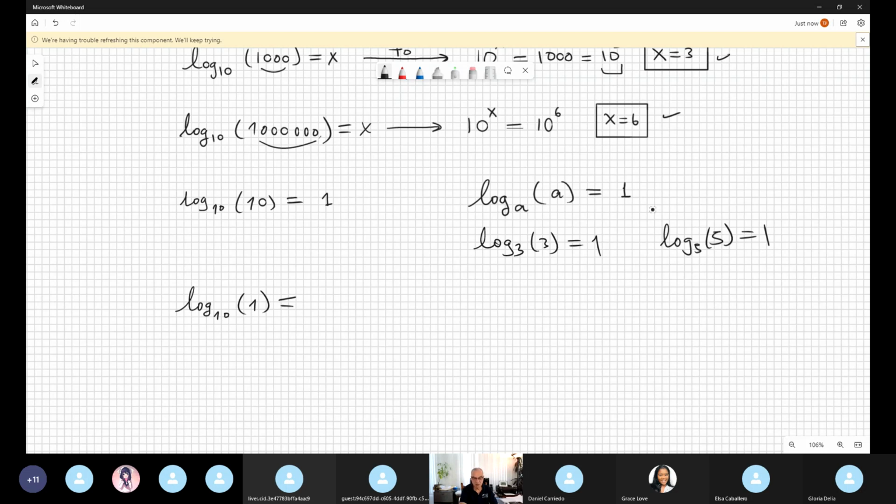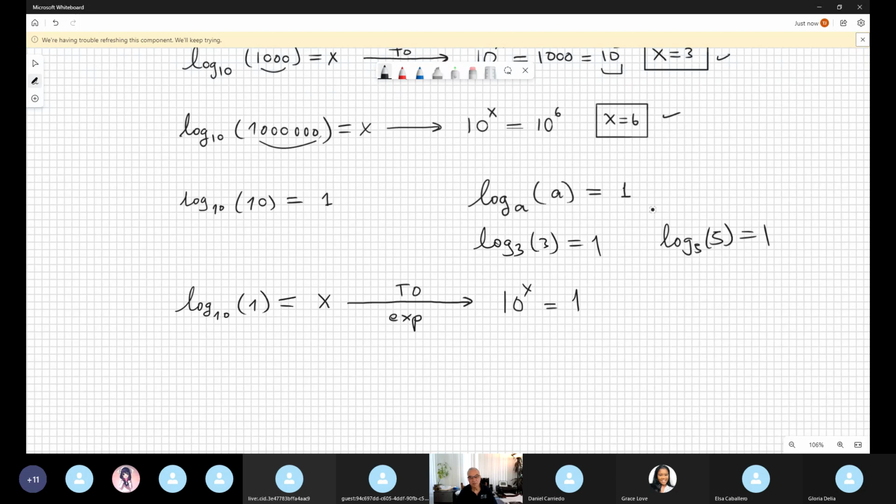Okay, now what about this? Suppose that I am lost. You put x, because maybe when you change to exponential, it's more clear for you to see that. So you have 10 to the exponent, I have no idea, equals 1. You can find a common base.